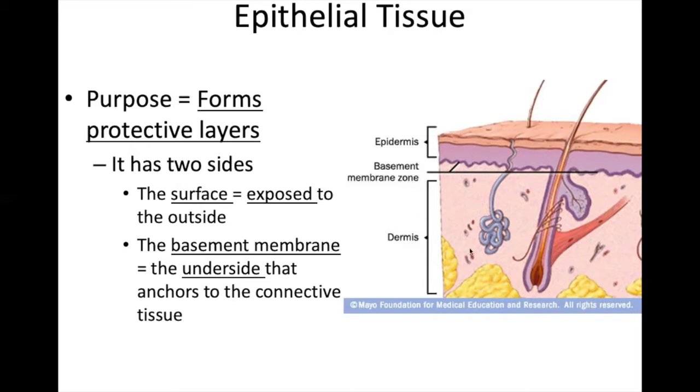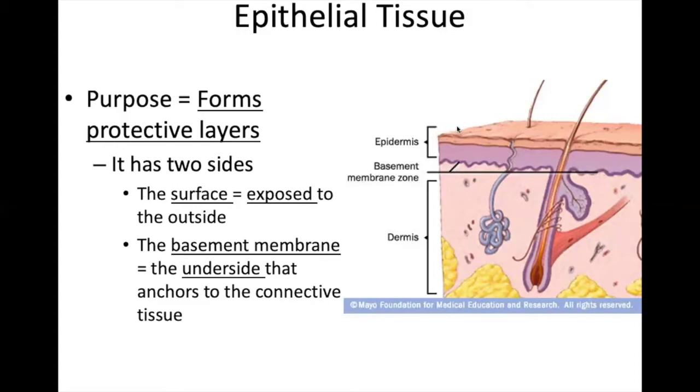If you look at this picture over here, this is actually your skin. If I cut a chunk of your skin off and looked at it from the side in a microscope, you would see the top layer, which is the epithelial tissue we're talking about. The second layer is connective tissue, which we'll get to later. And the third layer is fat, which is actually another type of connective tissue.